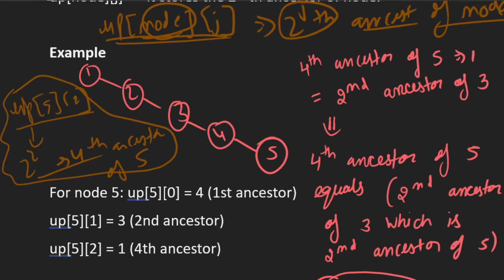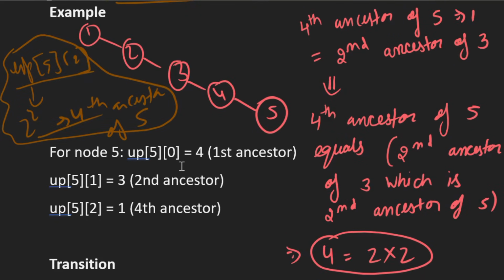Now we have taken an example. So we have a tree 1 2 3 4 5, right? So for node 5, if we have j equal to 0, that means 2 to the power 0 is 1. So what we want is the first ancestor. So the first ancestor is its own parent, which is 4.